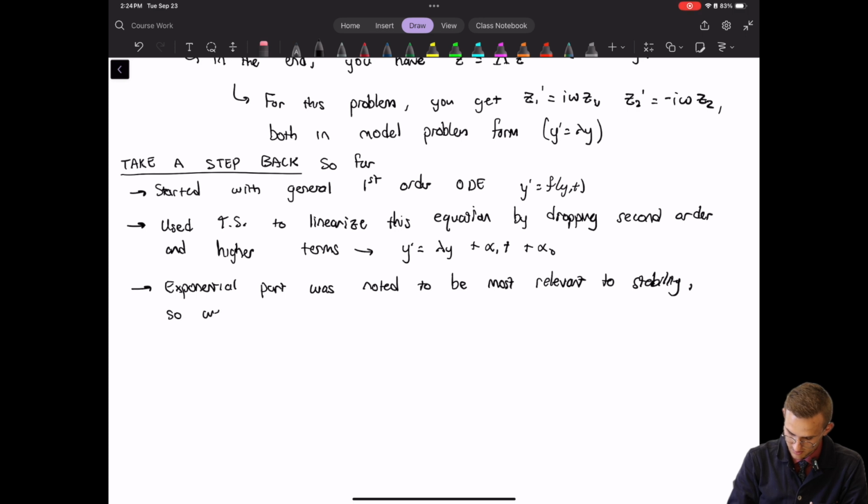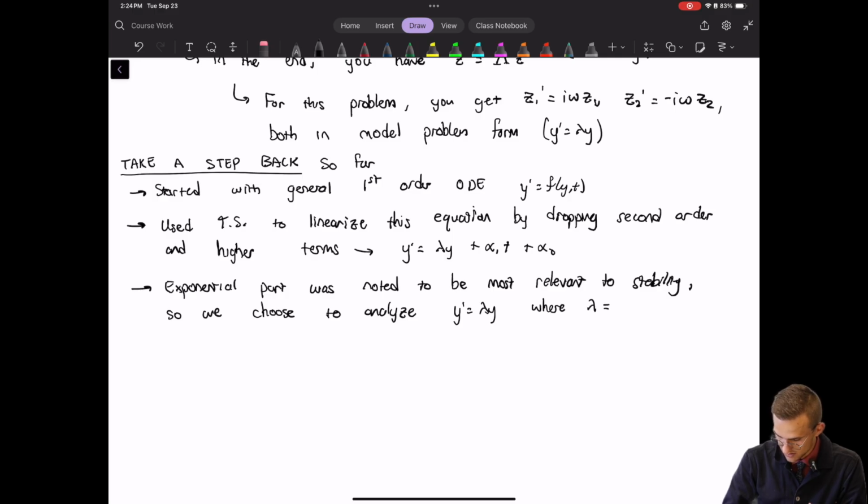So we choose to analyze y prime is equal to lambda y, where lambda is equal to df dy at some point. And that's what's important, this note right here is that this is only true at a single point in the domain. In general, lambda evolves with time.